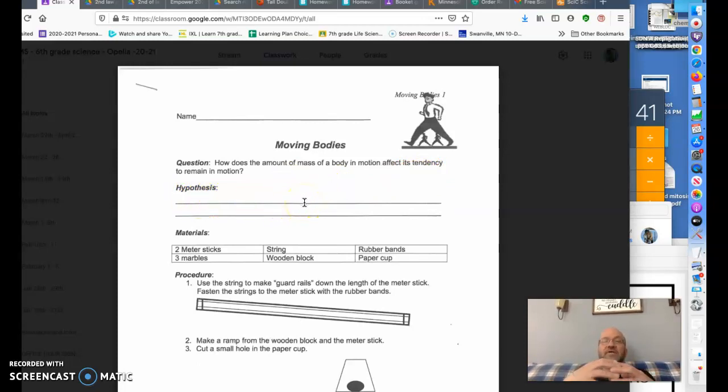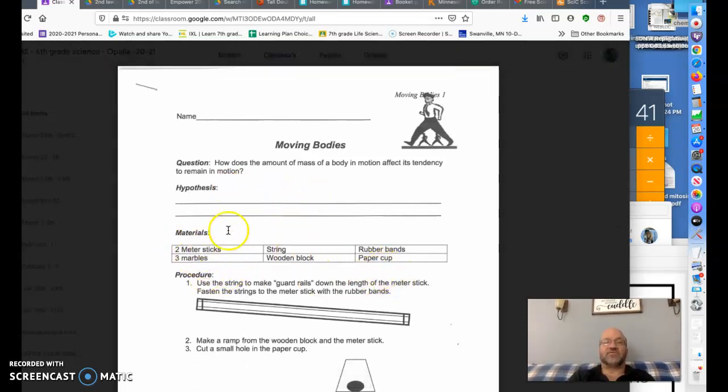In other words, if you have an object that is heavier and you set it in motion, how much farther would it move than if it was lighter? So would a heavy object move farther than a lighter object given the same force you put on it? So that's what this question is. Okay.